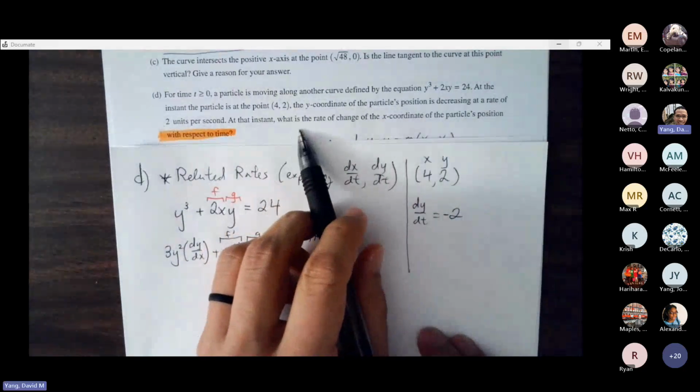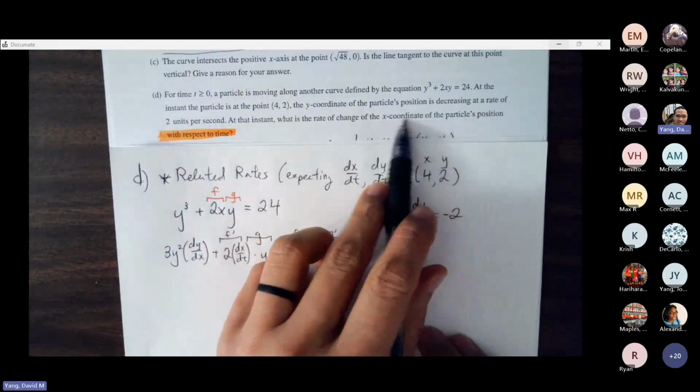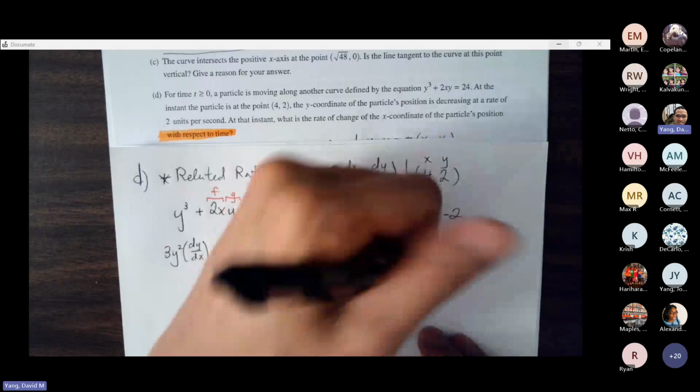At that instant, what is the rate of change of the x coordinate? So we're looking for dx/dt, the rate of change of x.